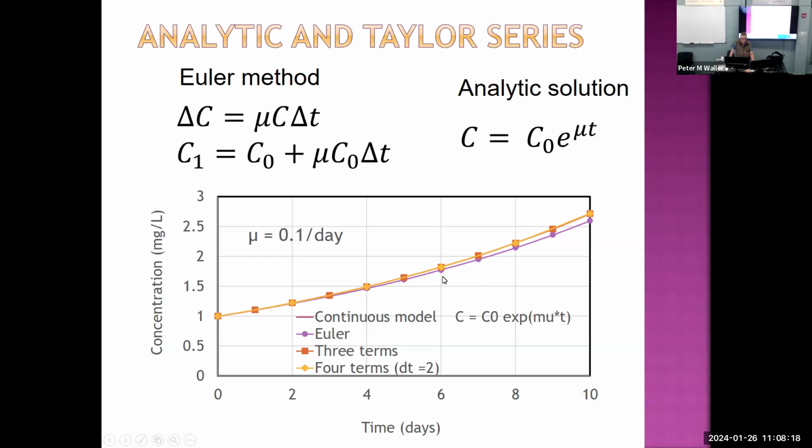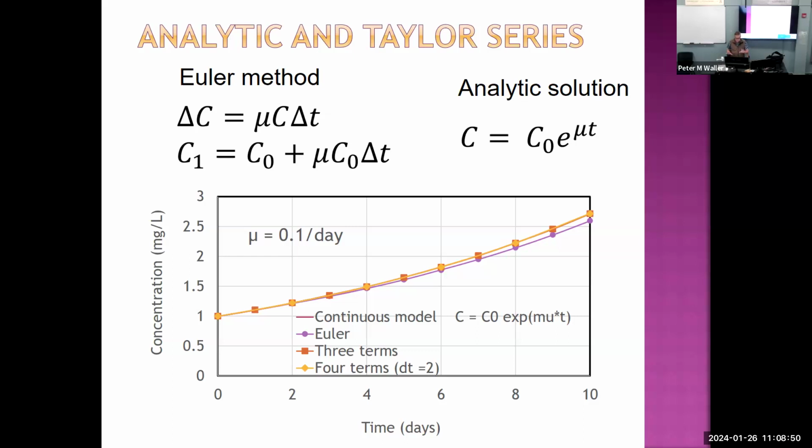But you can see that it's not a true solution to the differential equation. It's just a rearrangement of it, where delta C is mu C delta t. And then if you want to know C1, it's C0 plus mu C0 delta t. So that's the Euler method. And those are the first two terms in the Taylor series.